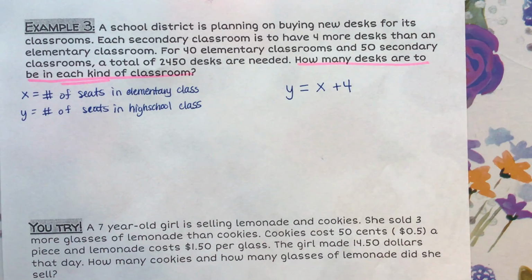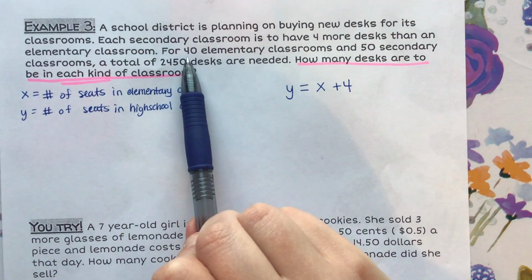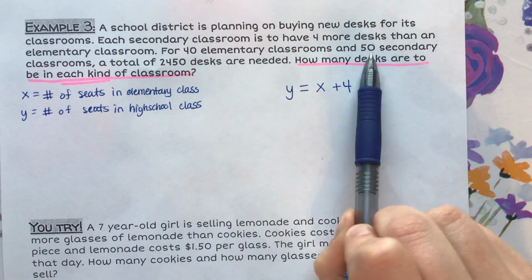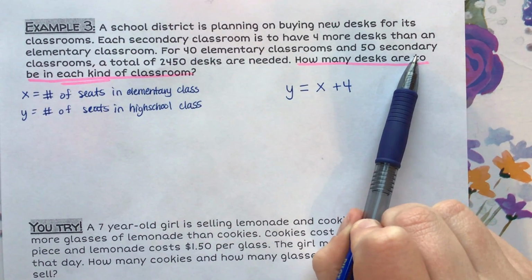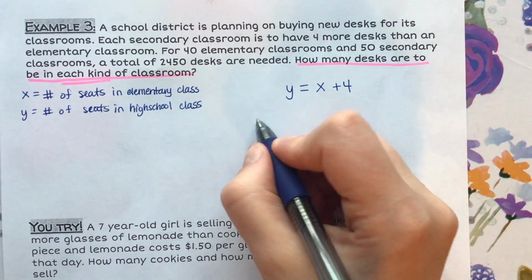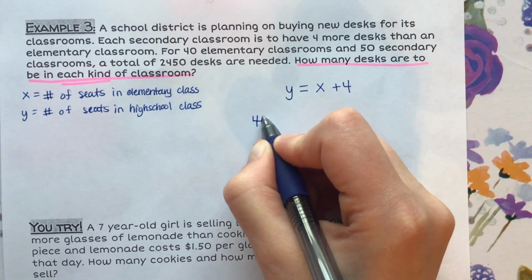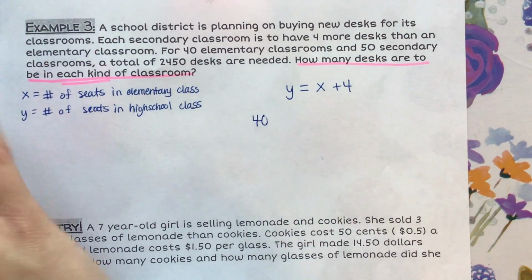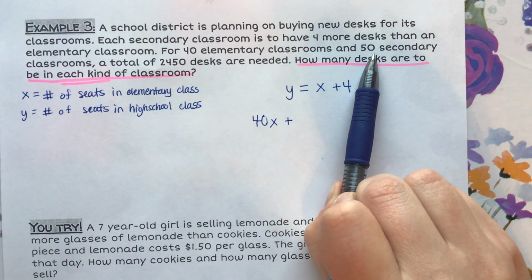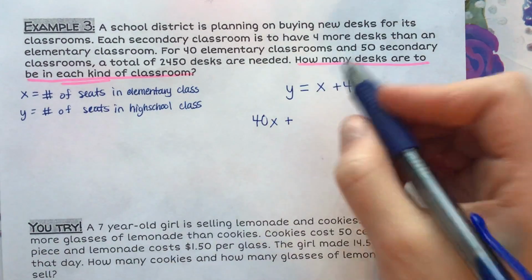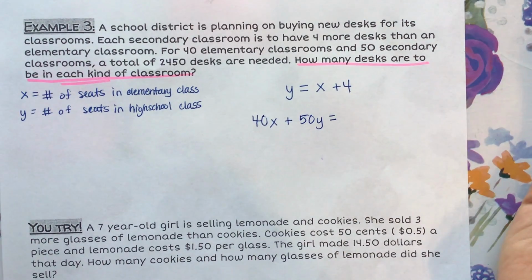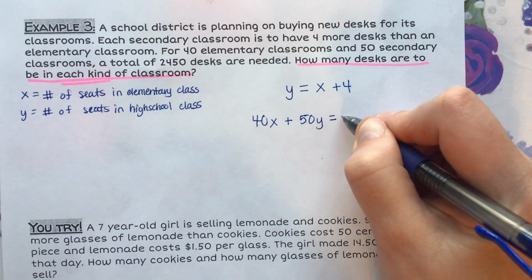It also says that there will be 40 elementary classrooms and 50 high school classrooms with a total of 2,450 desks. So that means 40 per however many seats there are in an elementary room, plus 50 per how many seats there are in high school rooms, is going to equal however many desks we have, which is 2,450.